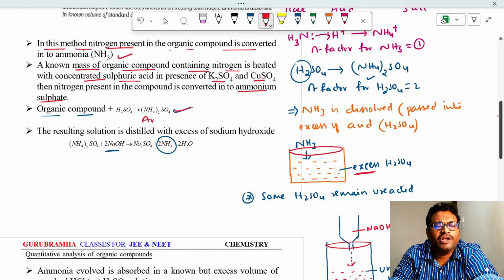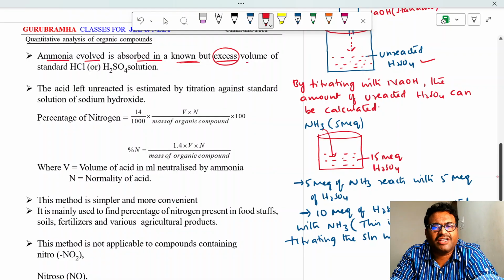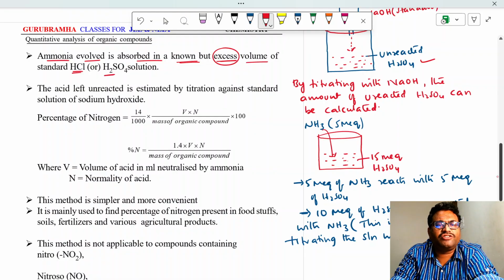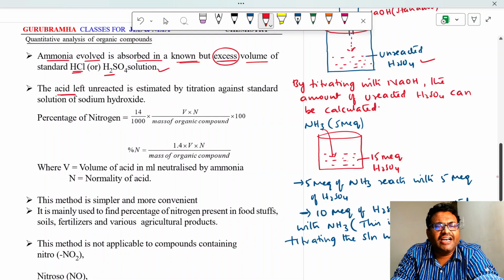So first it is converted into ammonium sulfate. Then the resulting solution is heated, distilled with excess of sodium hydroxide so that ammonia gas is released. This ammonia evolved is absorbed in a known but excess volume of either HCl or H2SO4, mostly used is H2SO4. Then the acid left unreacted is estimated by titrating against standard solution of sodium hydroxide.